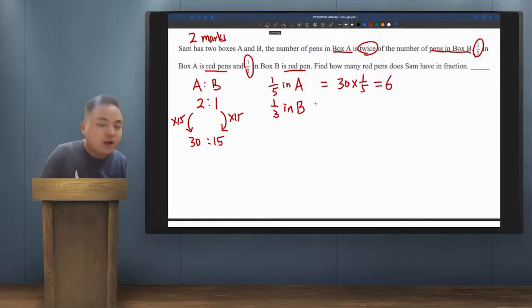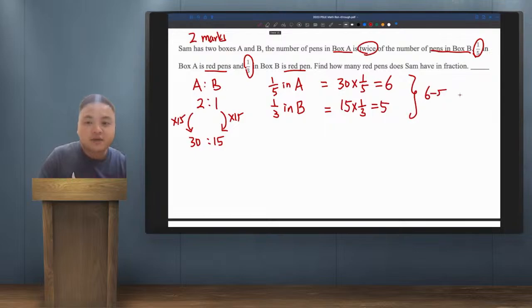And 1/3 in B, B has 15, so 15 times 1/3 gives 5. So in total I have 6 plus 5, 11 red pens. And the pens in total are 30 plus 15, 45. So the actual fraction of red pens will be 11 over 45.